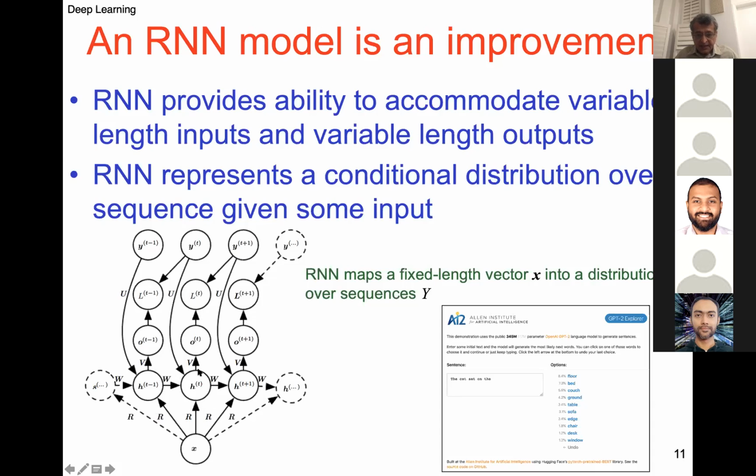So this is basically an RNN model, right? You can map inputs to outputs. An RNN maps a single fixed length vector X into a distribution over sequences of Y. And here is an example of how RNNs can be used to predict words.